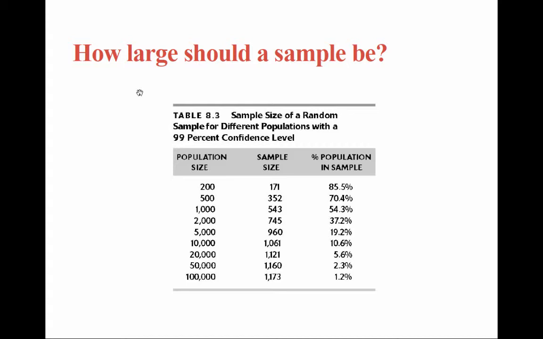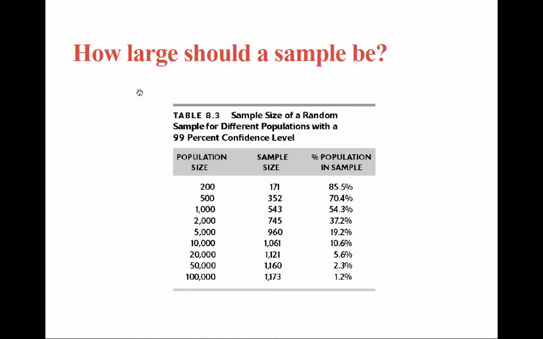What you see here within this table is that, obviously, the larger the population size, the larger the sample size I need. But interestingly, the increment in which things go up is increasing at a decreasing rate.